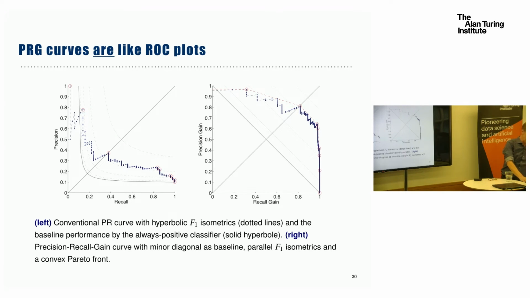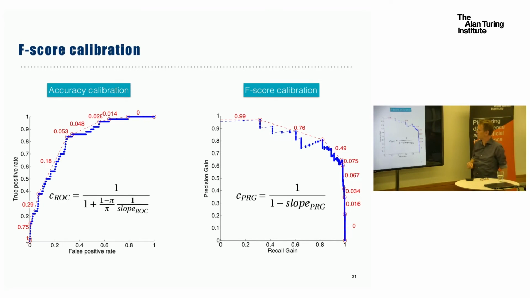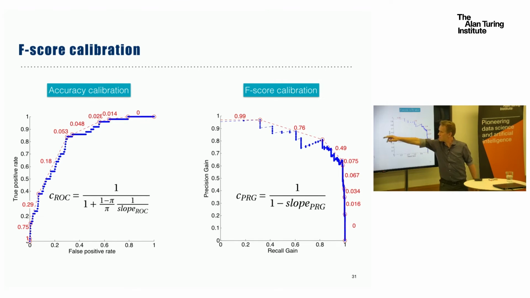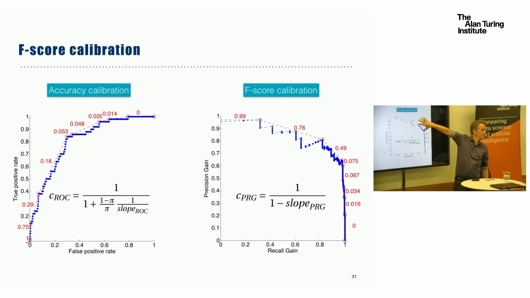So I already showed the calibration here, but here is another example. Here are calibrated scores for a precision recall curve. As you see, this segment here has a score very close to 0.4 to 1/2.